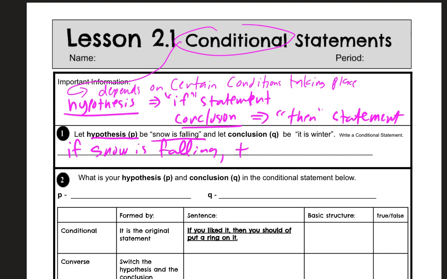So then it is winter. Okay, so that's what we want to key in on. The hypothesis is the if statement. The conclusion is the then statement. So if snow is falling, then it is winter. That's what we call a conditional statement. If this condition is happening, then that is true. Okay, so let's keep going.